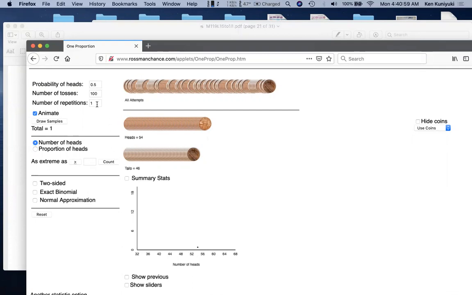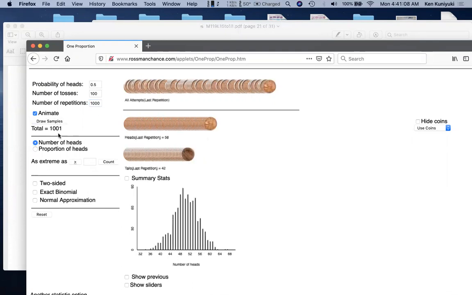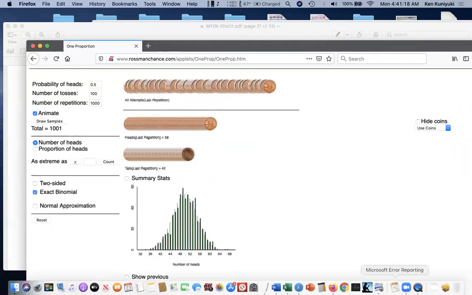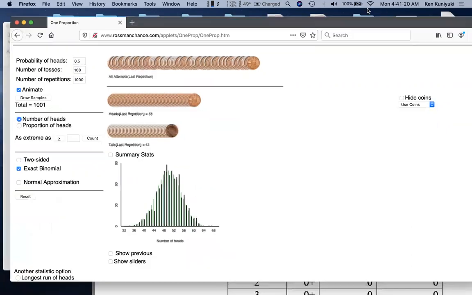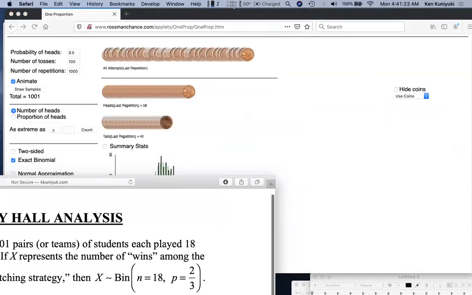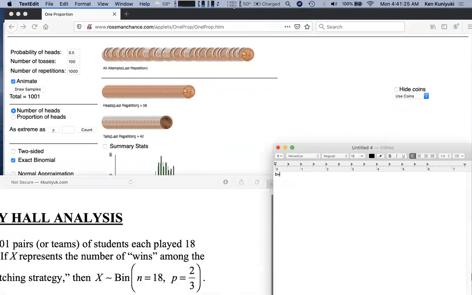Okay, now let's say that we repeat this 1,000 more times. 1,000 more students flip the coin 100 times. So for the 1,001 students, this is the frequency histogram for the number of heads. The binomial histogram, where n equals 100 and p equals 1/2 or 0.5.